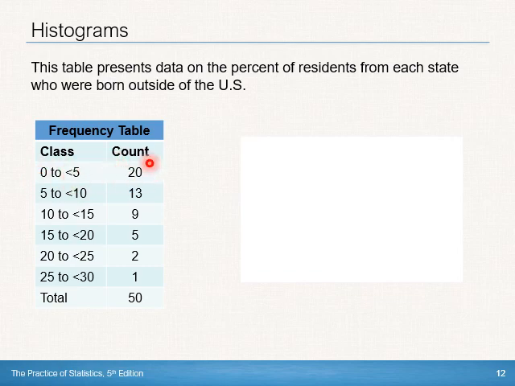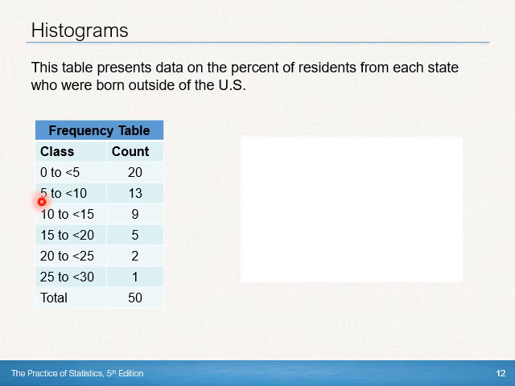So there were 20 states that have a percentage of foreign-born residents between 0 up to, but not including 5. So 0 up to 4.999%. If a state has 5% of its residents, then it would be counted in this 13.